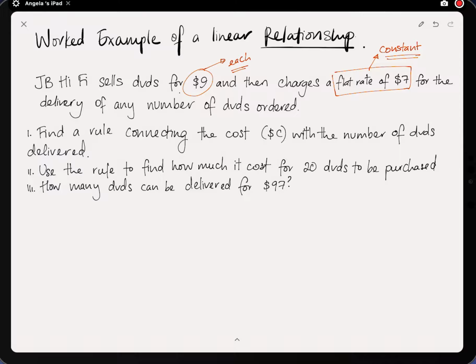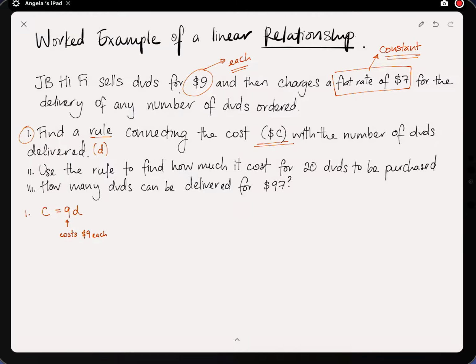Step 1 says to find a rule connecting the cost. So we're looking at using the C as our variable with the number of DVDs delivered. Let's let that be D. If we set up a rule, we're going to say that cost is equal to 9D, because remember each DVD costs the consumer $9 each.